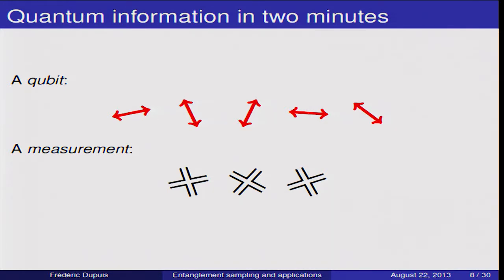And if you do this measurement on a photon that is polarized at an angle close to this angle, then we're more likely to get this answer than this answer.